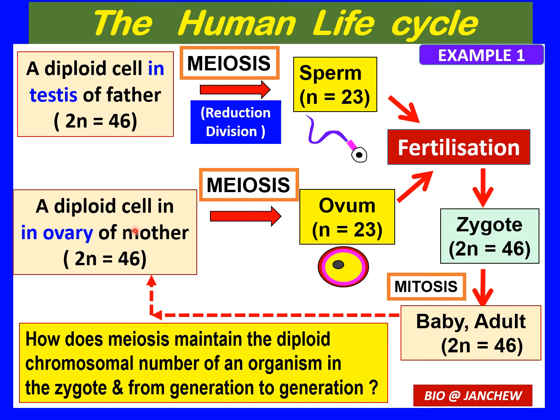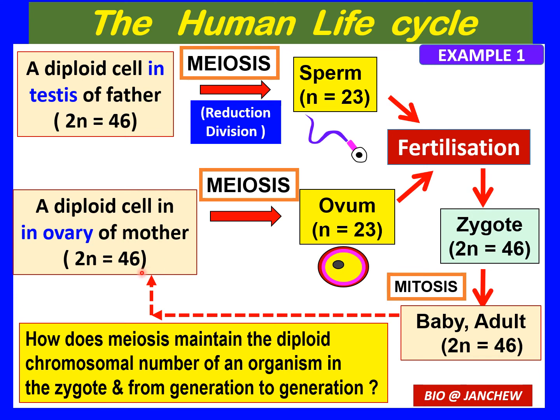Similarly, a diploid cell in the ovary of the mother undergoes meiosis to produce an ovum which has half the number of chromosomes compared to the original diploid cell or parent cell.